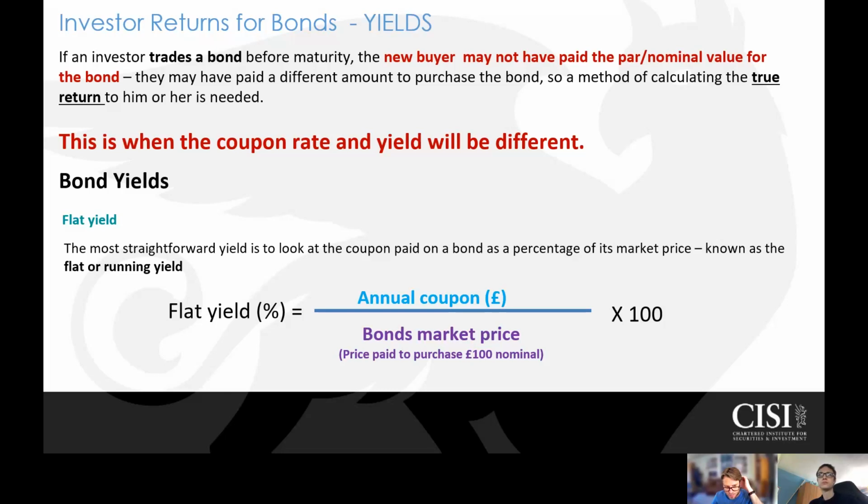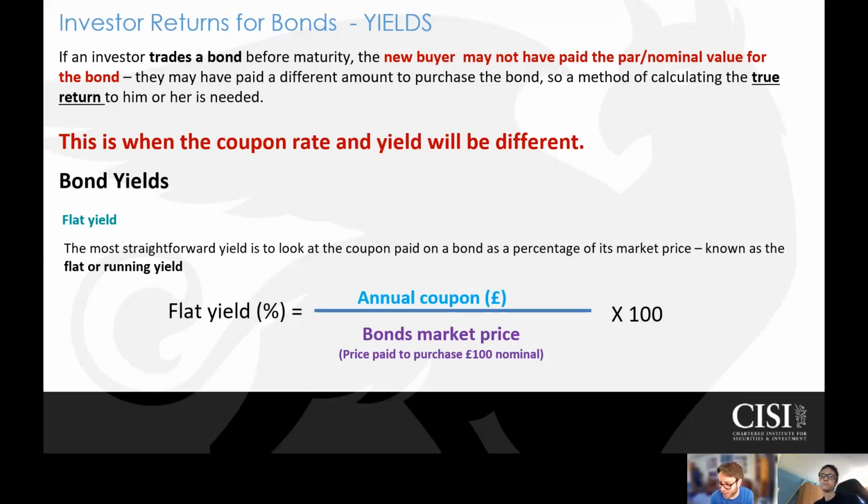So the coupon rate and the yield will differ unless the bond price stays the same as the nominal value. Unless the bond is being traded at £100 per £100 nominal, the yield will be different from the interest rate or the coupon rate on that bond.